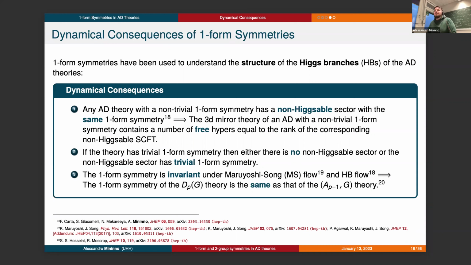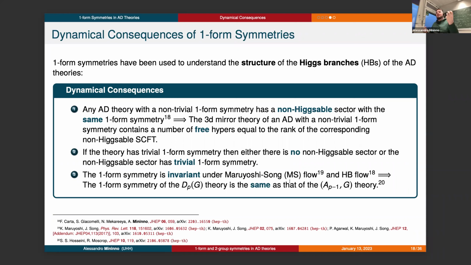Because any Argyres-Douglas theory with a non-trivial one-form symmetry must have a non-Higgsable sector with the same one-form symmetry, because everything is encoded inside. This is a result that we obtained in one of the previous papers. As a consequence, if you study the 3D mirror theory of an Argyres-Douglas theory that has a non-trivial one-form symmetry, then there will be a number of free hypers equal to the rank of the corresponding non-Higgsable SCFT. This is the consequence.